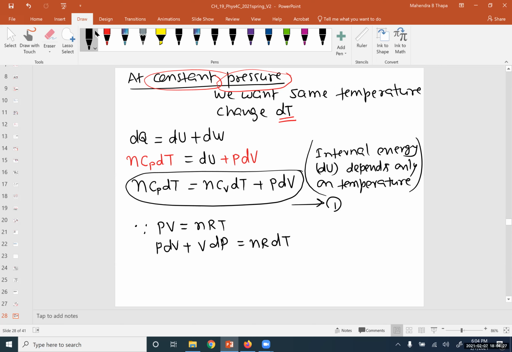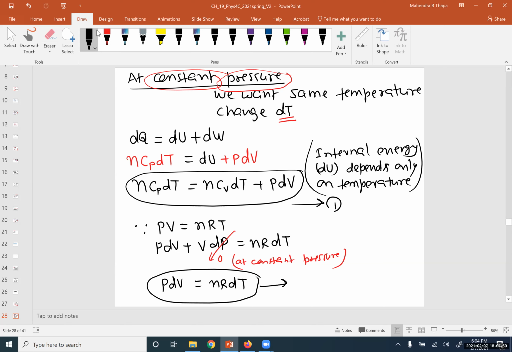In this case, dP is equal to 0, the change in pressure, because this is the case at constant pressure. So I can write P dV equals nR dT. This is equation 2.